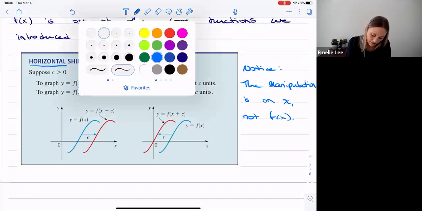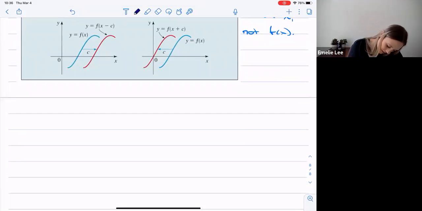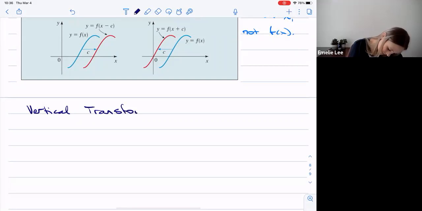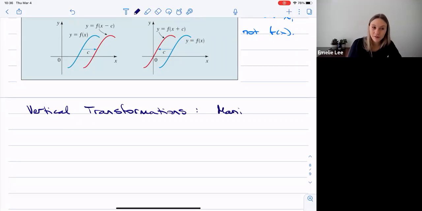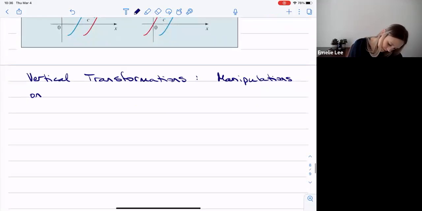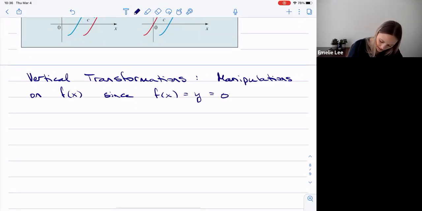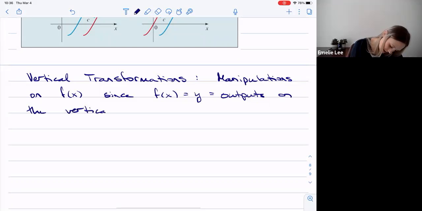So let's write that down. Vertical transformations are manipulations on f of x, since f of x equals y, which is the outputs, on the vertical axis.